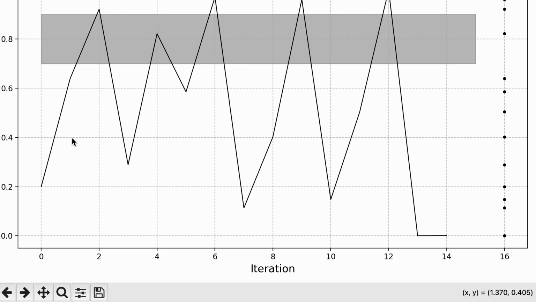any value of x, suppose 0.2, 0.3, 0.4, it doesn't matter, the definition is there exists an n for which you will find that f^n(x), if I iterate n times, that point will ultimately go inside this interval. Here you can see n is 4 for 0.2, and f^4(0.2) lies in this interval.